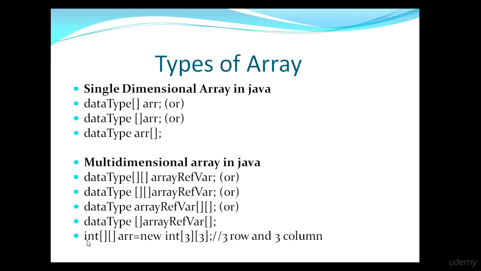The data type is int, we have declared an array variable, and then new int, with 3 and 3. If you want to define 3 rows and 3 columns for your data, you have to use a multi-dimensional array in Java. So this is the normal way of doing it in Java.